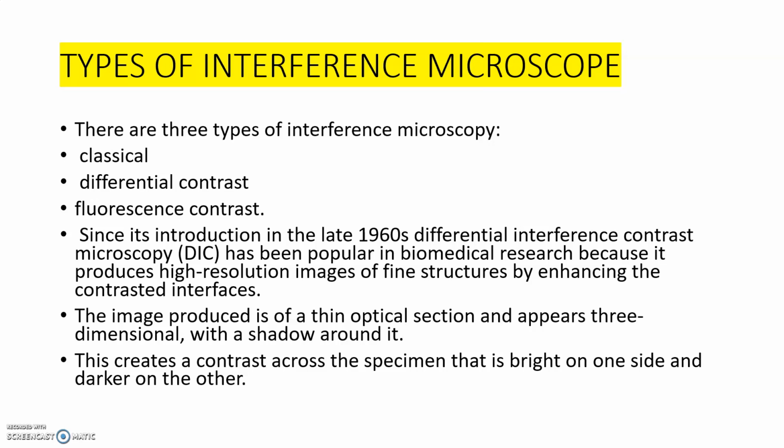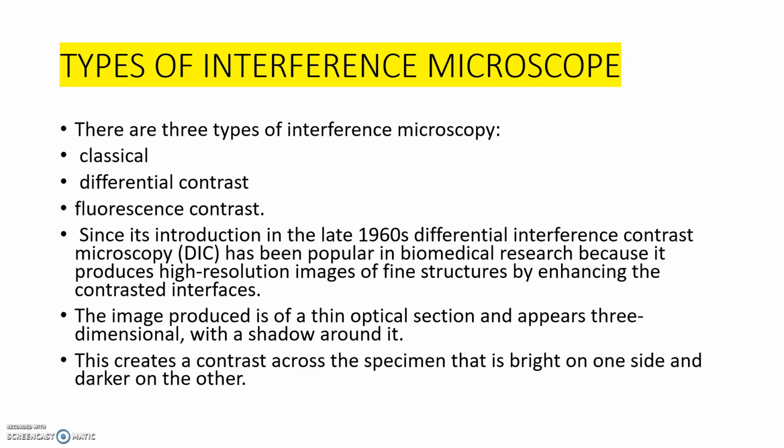Since its introduction in the late 1960s, differential interference contrast microscopy has become popular in biomedical research because it produces high resolution images of fine structures by enhancing the contrasted interfaces.